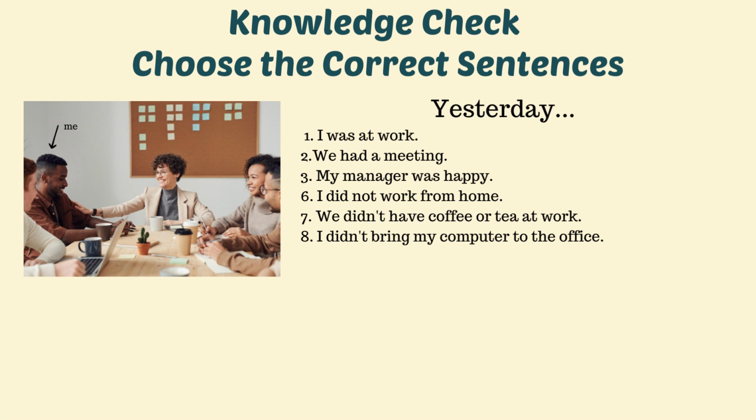Look at the photo and choose which of these sentences is correct. All of these sentences are correct, except for we didn't have coffee or tea at work. As you can see, there are coffee cups on the table.